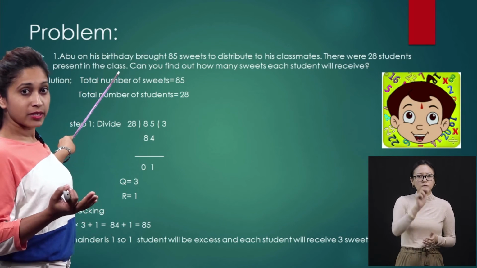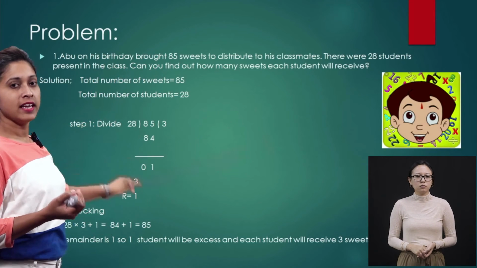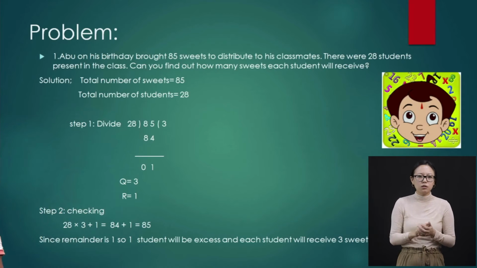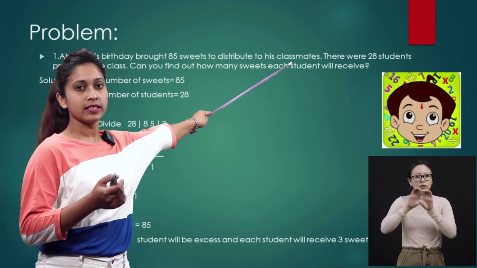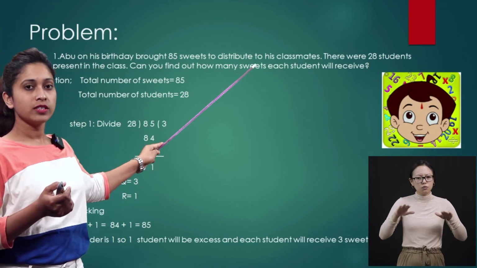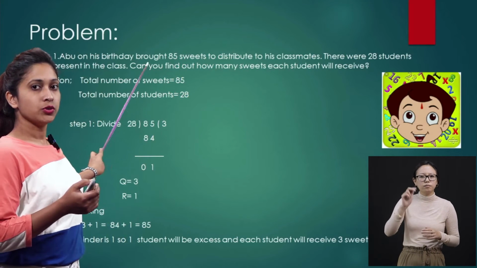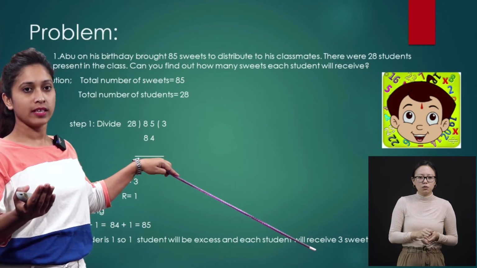There were 28 students present in the class, and Abu brought how many sweets? He brought 85 sweets, right? So, can you find out how many sweets each student will receive? Now, when Abu distributes 85 sweets to 28 students, how many sweets will each student get, right?